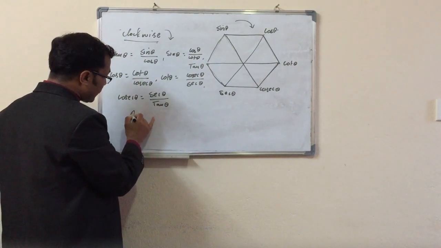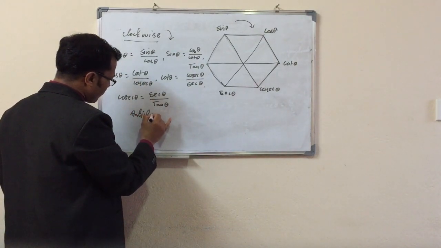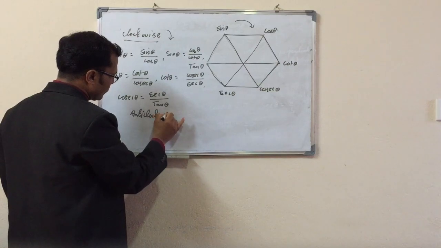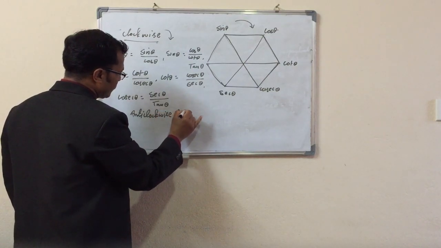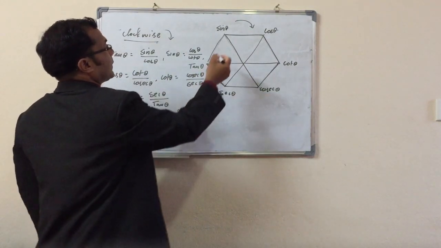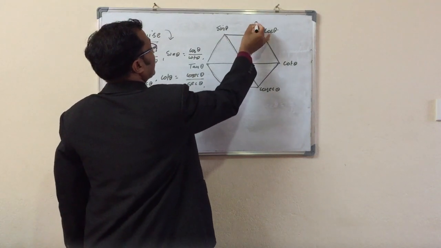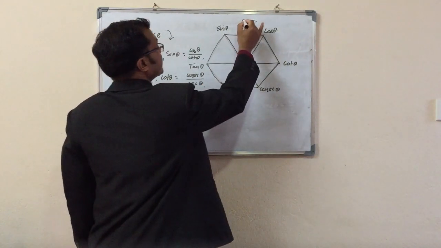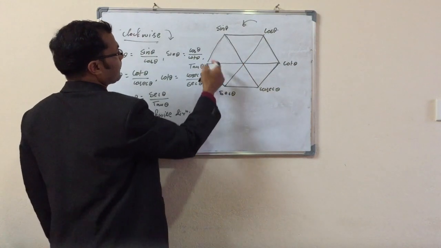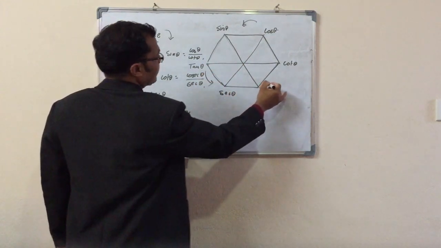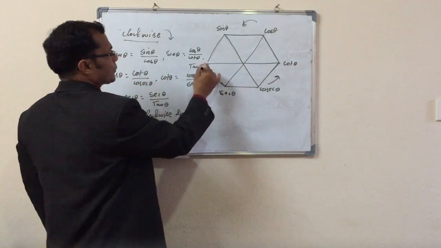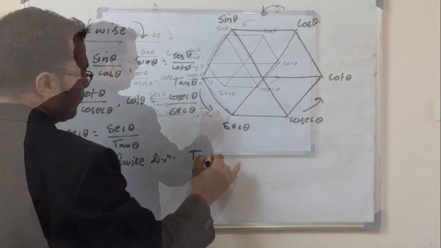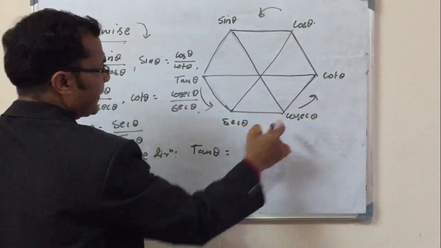You can even go in the anti-clockwise direction. See how? Now it's very simple, I'll just go this way. Let's say you have to find tan theta: tan theta equals sec theta by cosec theta.